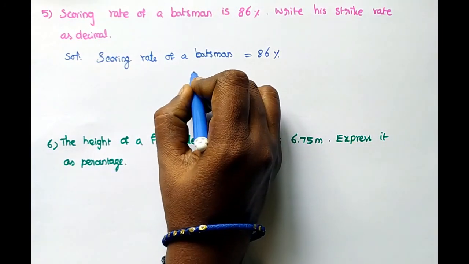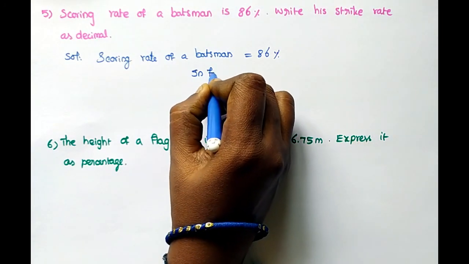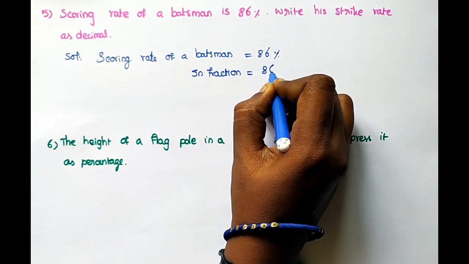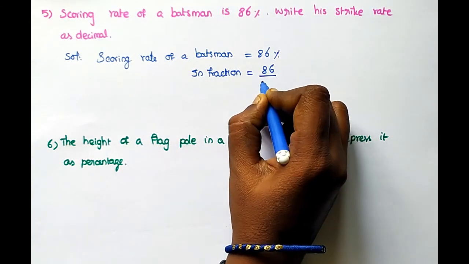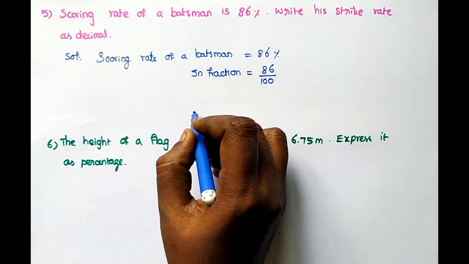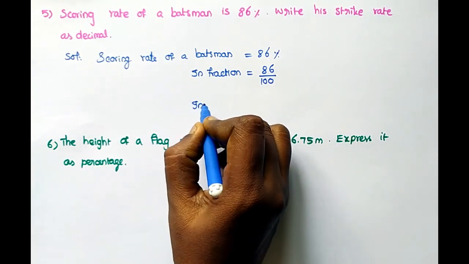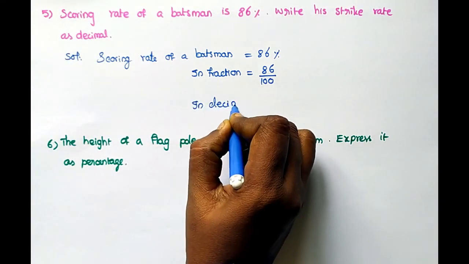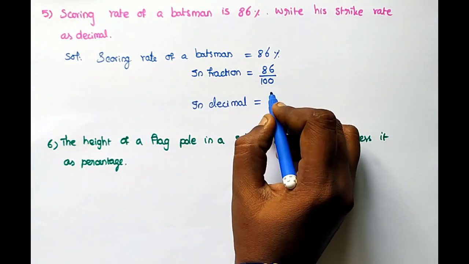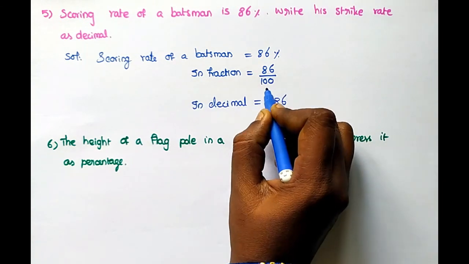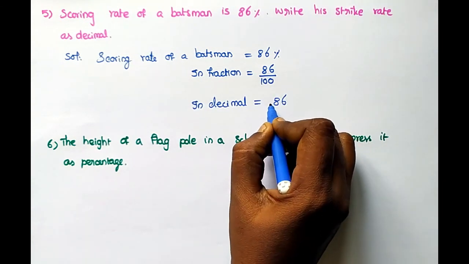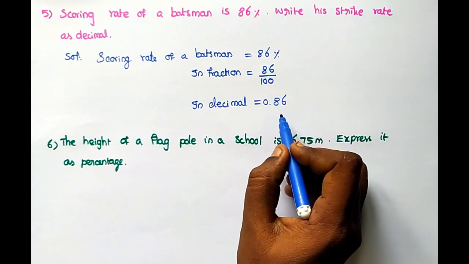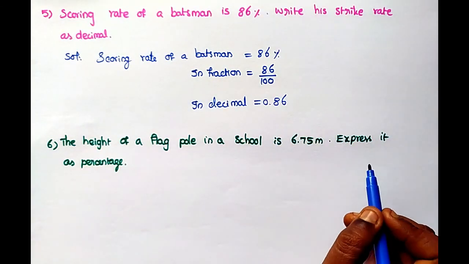In fraction, percentage means 86 out of 100. So we have to convert into decimal. In decimal, 86, before 2 digits we have to keep the point because in denominator 2 zeros. So 0.86 is the answer.